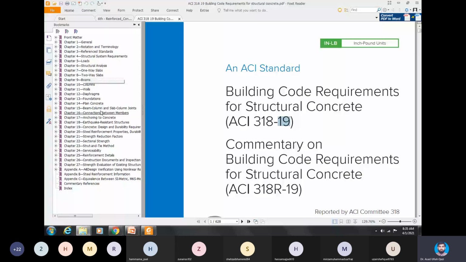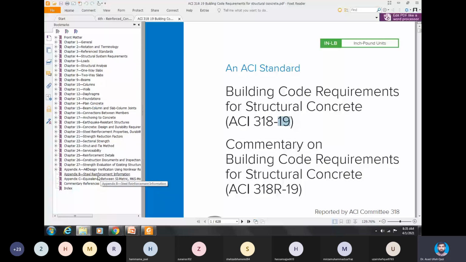Loads which are important to be considered for design of a structure. Regarding loads, guidelines are available in chapter 5. So in this way, each and every chapter of ACI will be important.